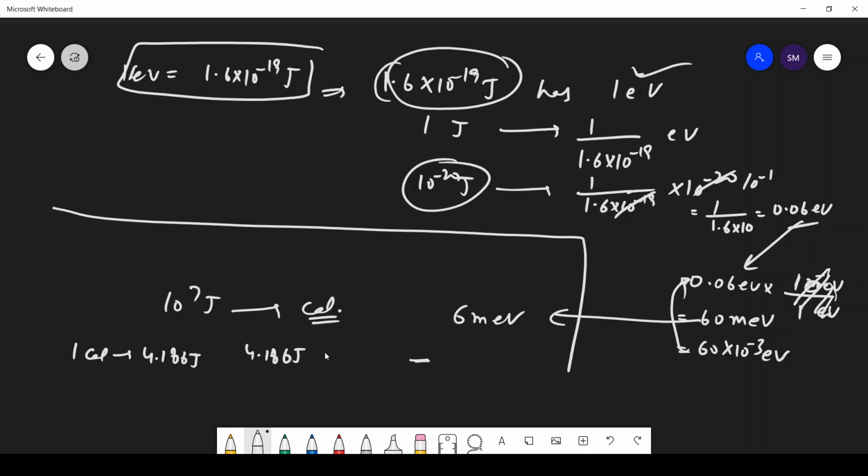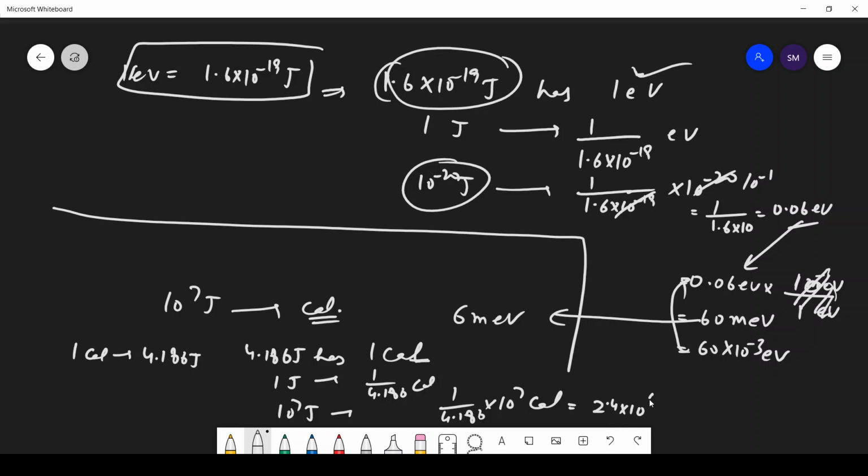So 4.186 joules has 1 calorie. So 1 joule has 1 upon 4.186 calories, and 10⁷ joule has 1 upon 4.186 into 10⁷. So that much calories are there, and this will be 2.4 into 10⁶ calories.